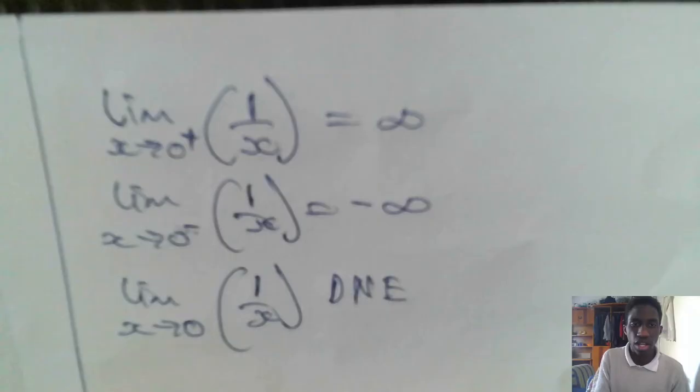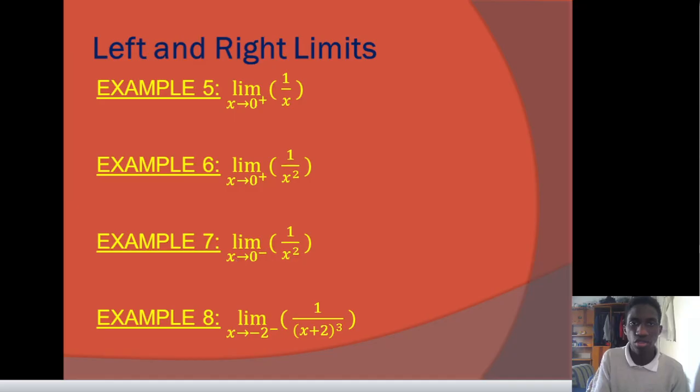So let's look at something more recent. Example 6. The limit of 1 over x squared as x approaches 0 from the right. Okay, this is interesting. The limit as x approaches 0 from the right of 1 over x squared. We'll look at this one.